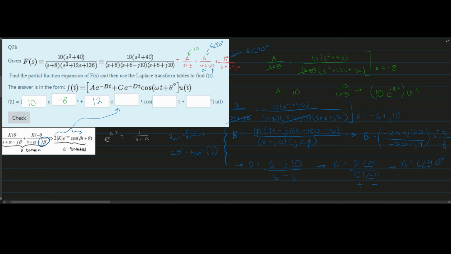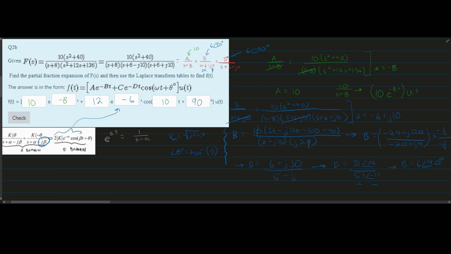And so in here, we are going to have a negative 6t. And then we have our cosine, we have our beta, which is 10, times t, plus our angle, I'm sorry, and our angle here is 90 degrees. Now that we have this, that is our answer.